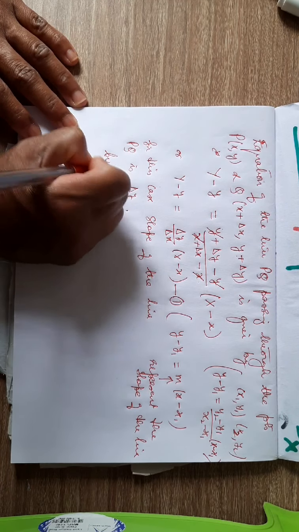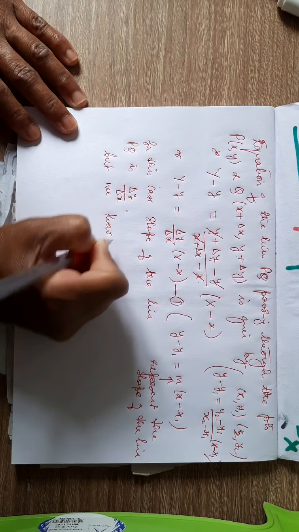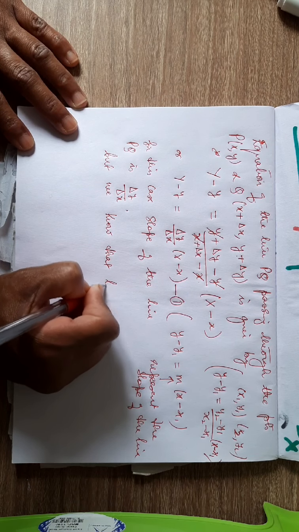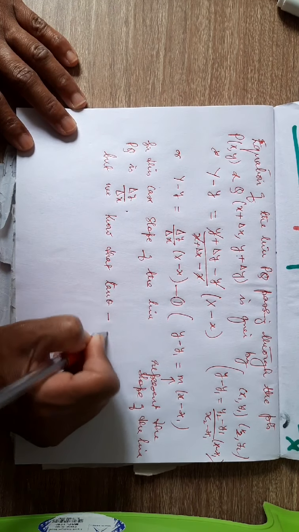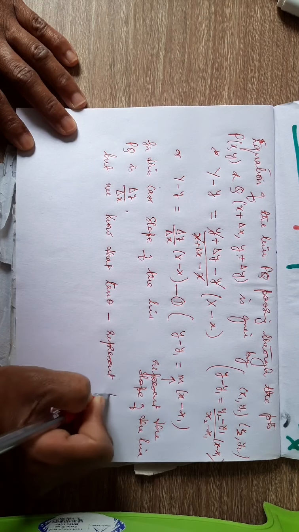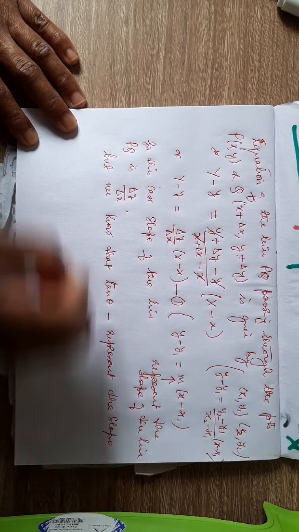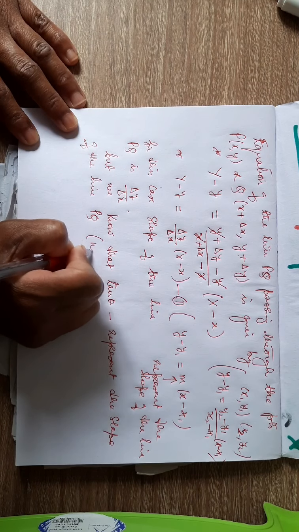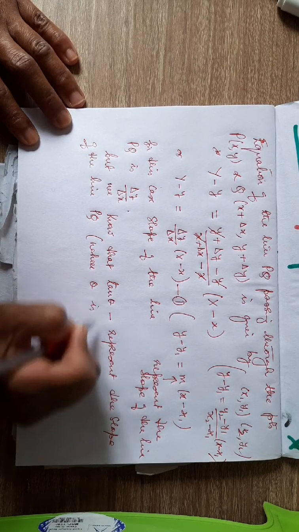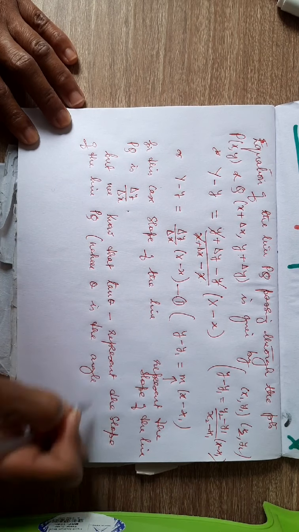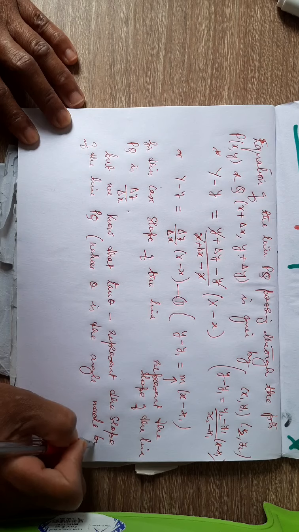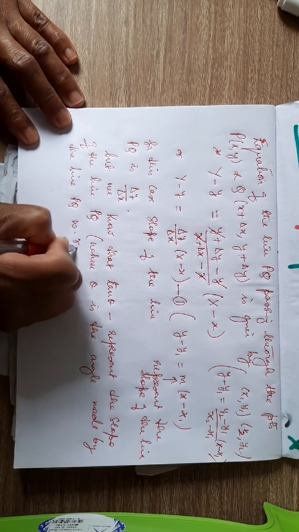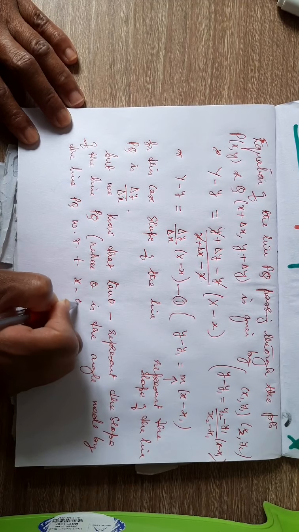But we know that tan theta represents the slope of the line PQ, where this theta is the angle made by the line PQ with respect to the x-axis.